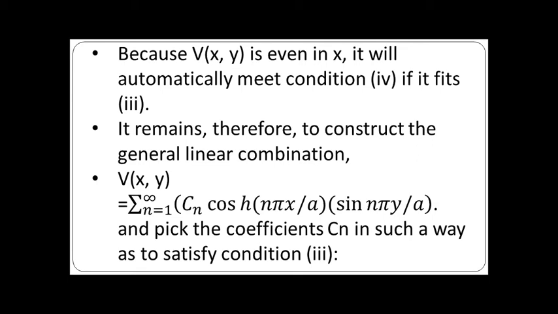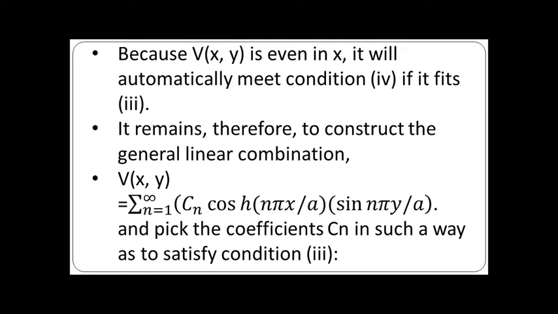So using the property of completeness, if V1, V2, V3, etc. are solutions of this equation, then the linear combination of them, alpha 1 V1 plus alpha 2 V2 plus etc., is also a solution. So we can take the summation: V(x,y) is equal to the summation from n is equal to 1 to infinity of Cn cosh(n pi x upon a) sin(n pi y upon a) as the solution.